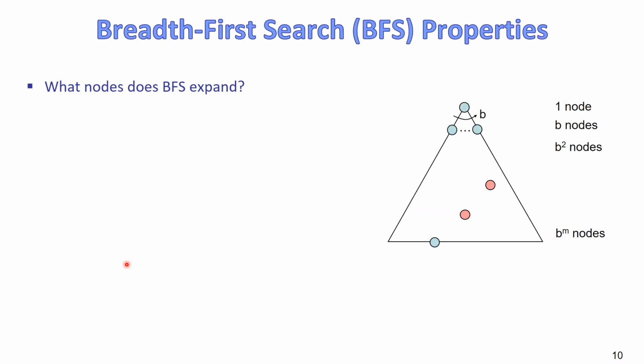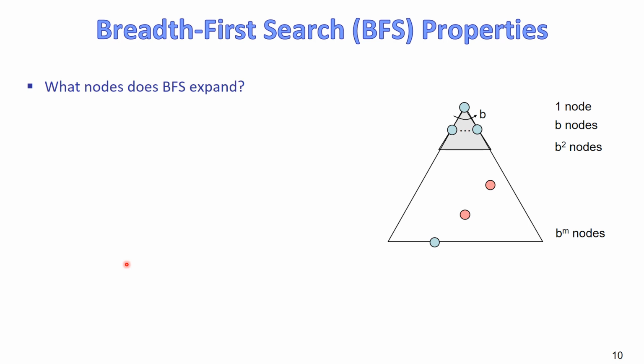Now, what are the properties of BFS? As we did in DFS, we'll do again in BFS. How many nodes do we expand here? As we said, we go tier by tier, right? So we'll expand tier 0, then tier 1, then tier 2, and so on. Every time we have to process all the nodes at that tier. So if we are in tier 2, we have to process B squared nodes in the worst case, and in the third tier, it will be B cubed, and so on.